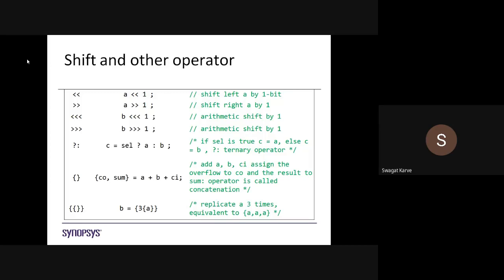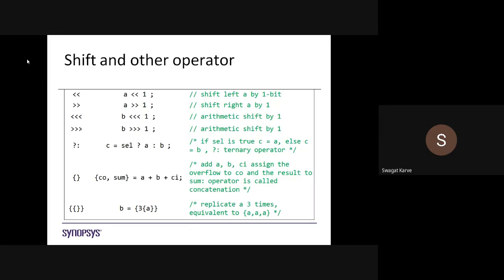Triple greater than sign will be arithmetic shift by 1 bit. Here I forgot to mention that triple less than sign is arithmetic left shift by 1 bit, and triple greater than symbol is arithmetic right shift by 1 bit.